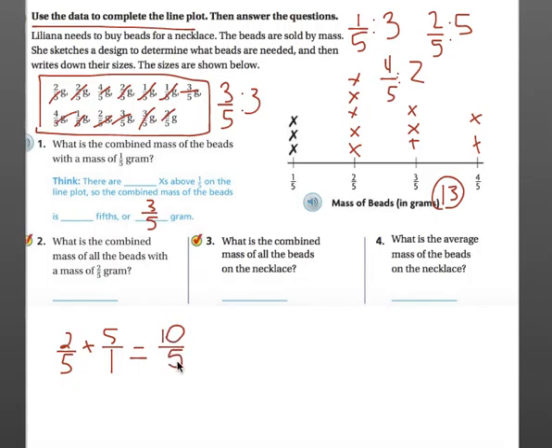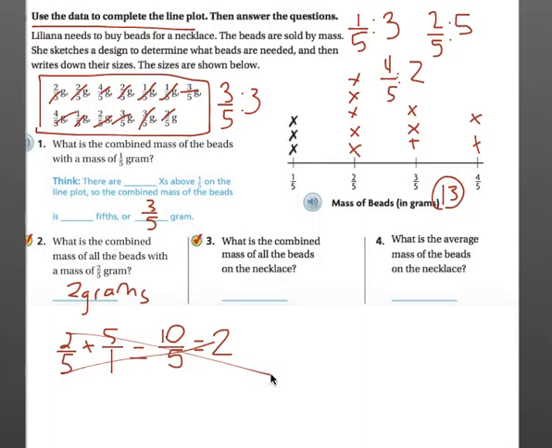This can be simplified. I know that 5 can go into 10 2 times, so 10/5 equals 2. So 2 grams. And I'm going to write it grams because it's asking me how many grams. So I want to make sure that I write that in there.